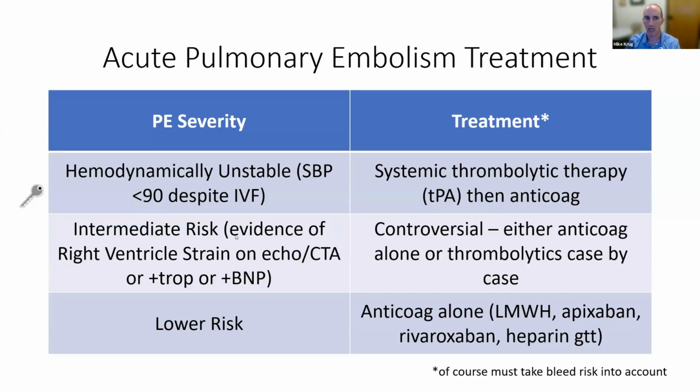So if it's intermediate risk, then sometimes you would do thrombolytics or mechanical thrombectomy case by case. But in this case, if they don't have hypotension, they don't have RV strain, they don't have a troponin positive, they don't have a BNP positive, you're going to anticoagulate alone.